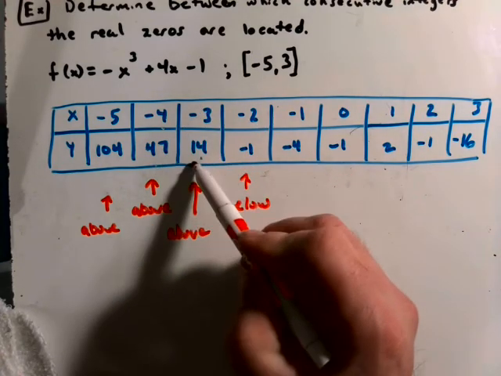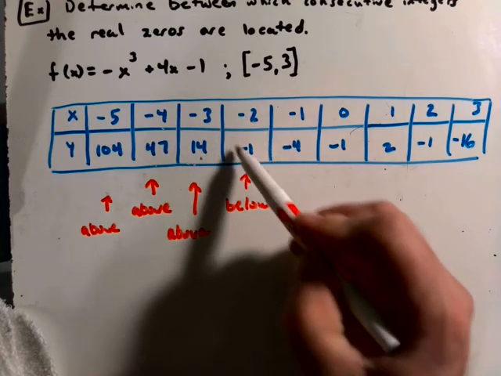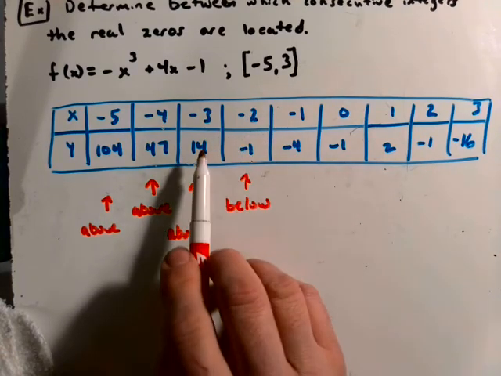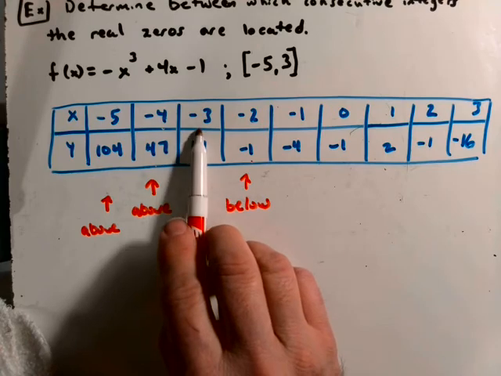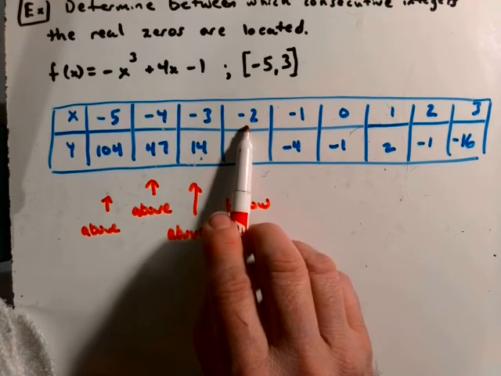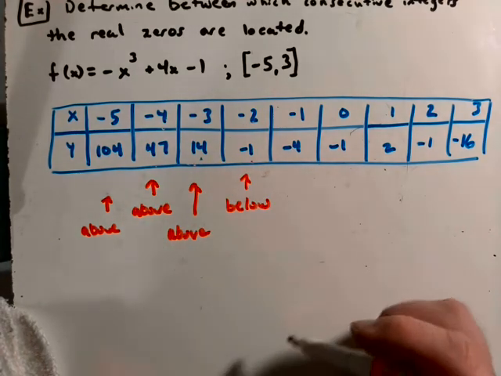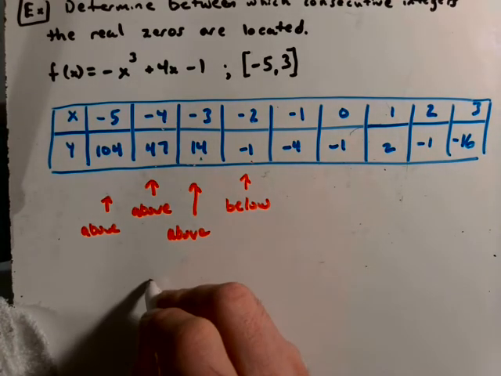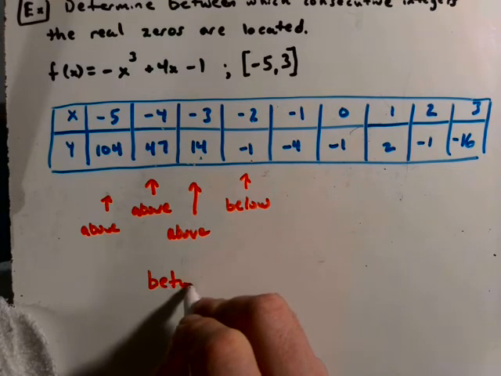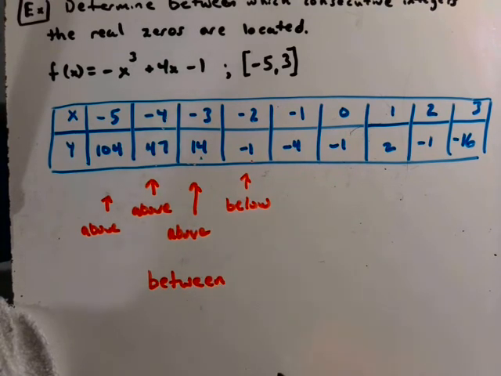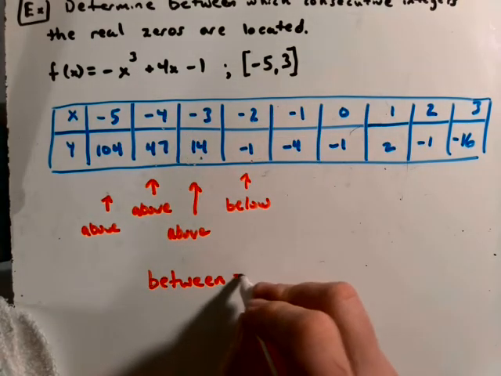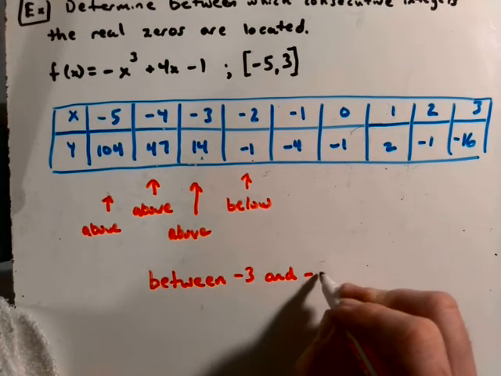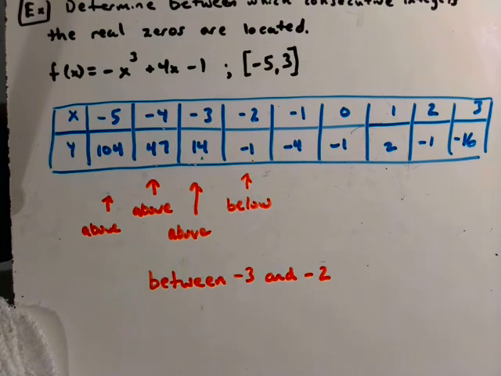Because (-3, 14) is above, (-2, -1) is below. When you list out your final answers, you're going to list out the x-coordinates only. So between -3 and -2, there is a real zero.